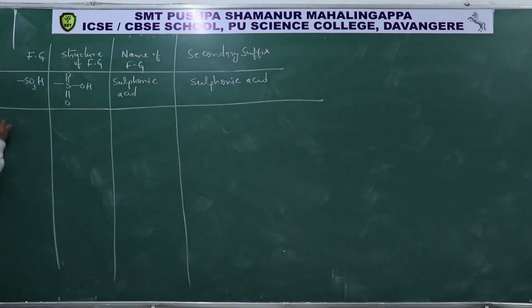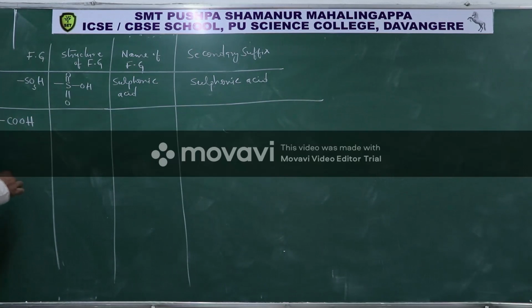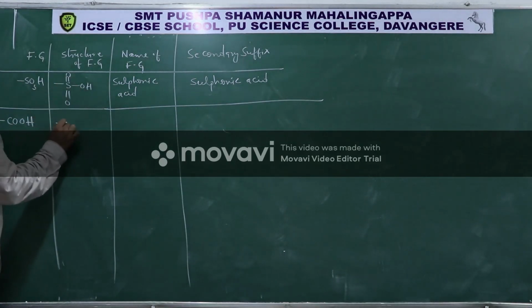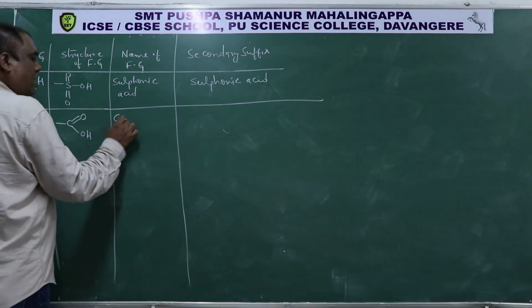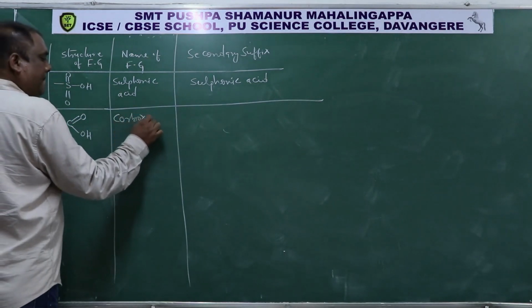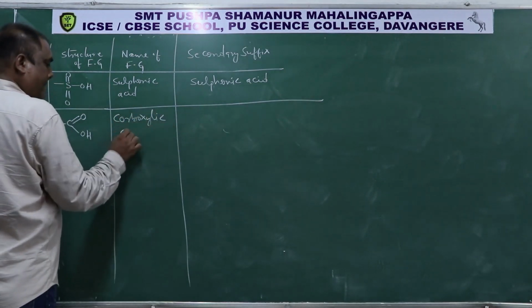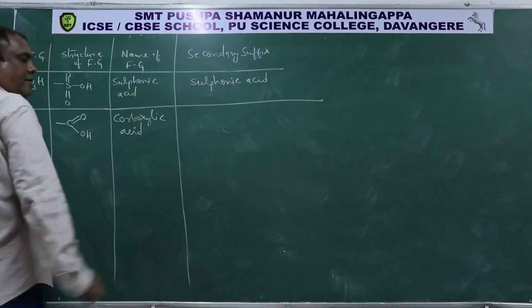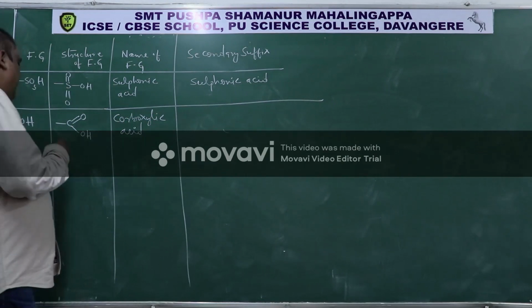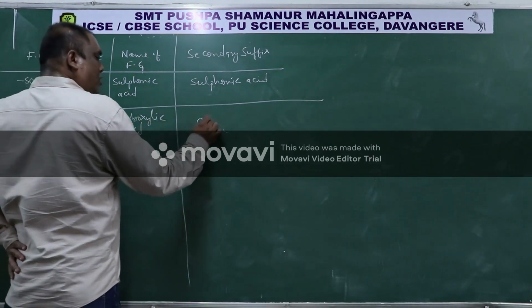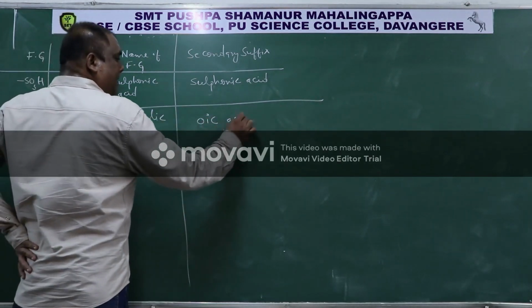Then COOH group is present as a functional group. Its structure is C double bond OH. Name of the functional group is carboxylic acid. Then secondary suffix is oic acid.